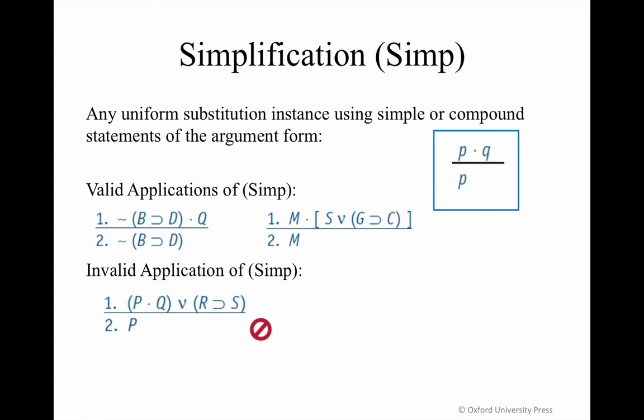Simplification is a rule that we just talked about, right? We've been talking about this rule actually for a while. We know that dot is true when and only when each conjunct is true. So that means that if the dot is true, P is true.